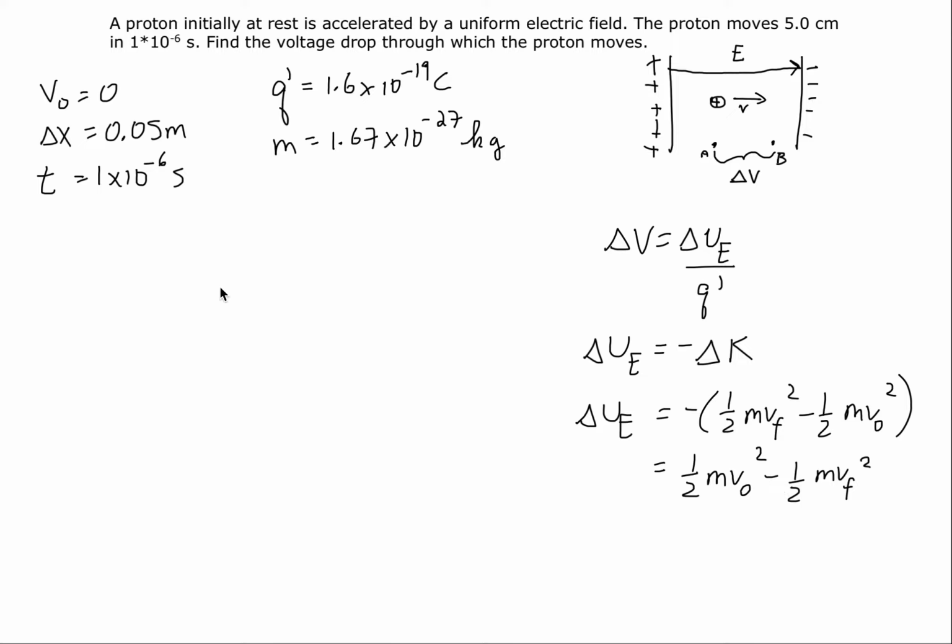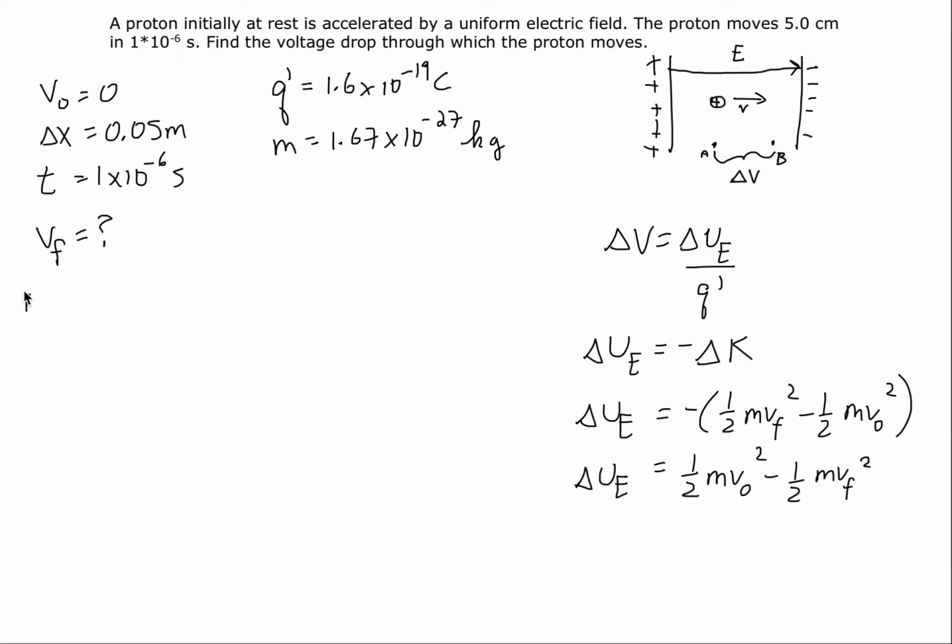So we can see that with these 3 variables here, if we know the initial speed and the displacement and the time, that we can find v final. Once we know v final, then we'll be able to figure out this change in kinetic energy and relate it to this change in potential energy.